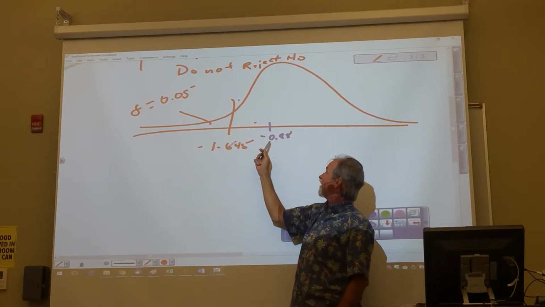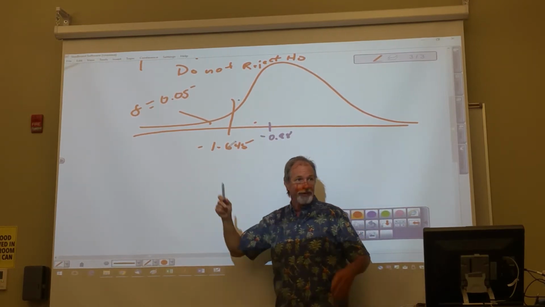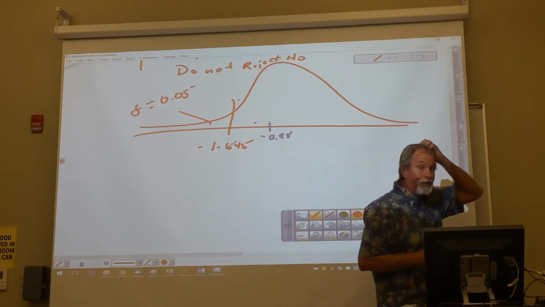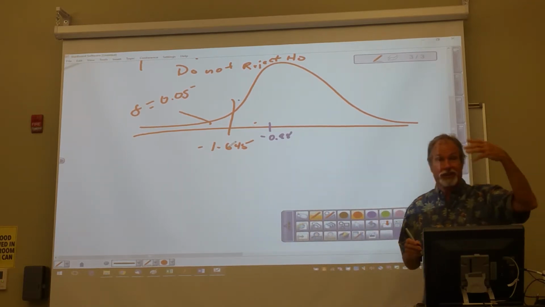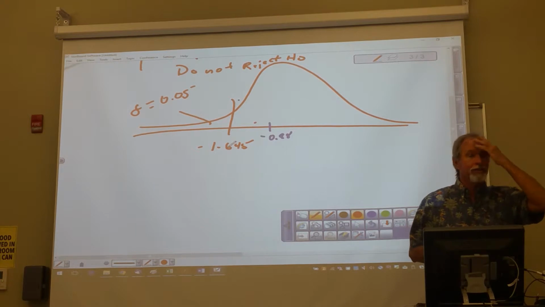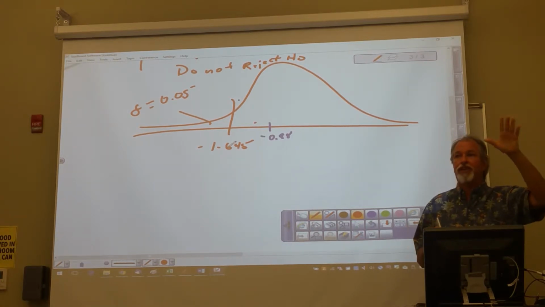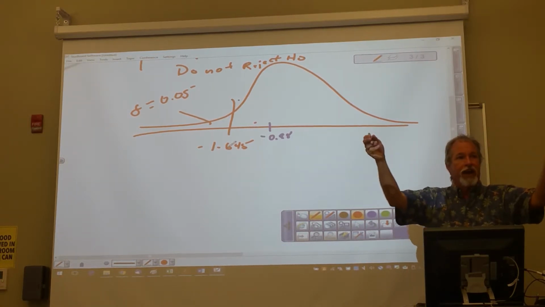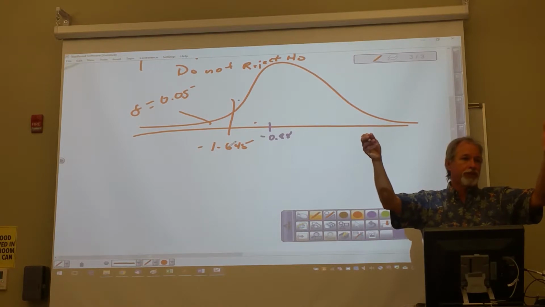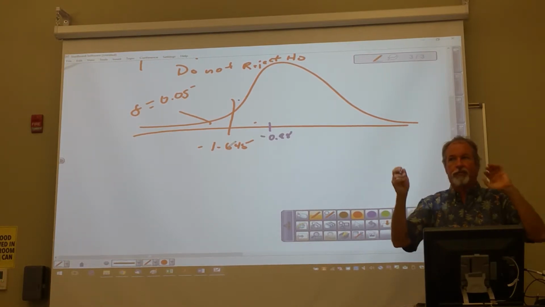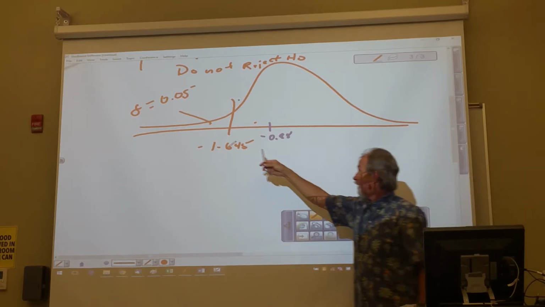Got it. See, that's why when I compare the two, I always have a hard time remembering whether I reject. If you just give me the two values and ask which one's bigger, do I reject or not, I'm going to be dumbfounded. So I'm going to plot them.